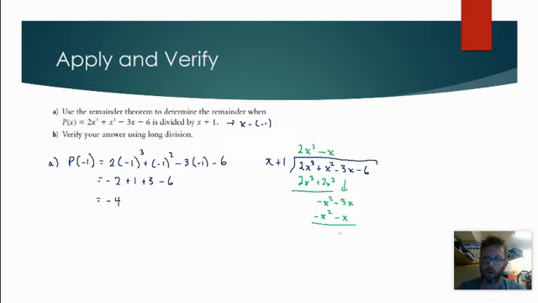Negative 3 take away negative 1 is negative 2. x goes into negative 2x, negative 2 times, and then we get negative 2x minus 2. And would you look at that? Negative 6, subtract negative 2 is negative 4. And yeah, it works. That's pretty cool.